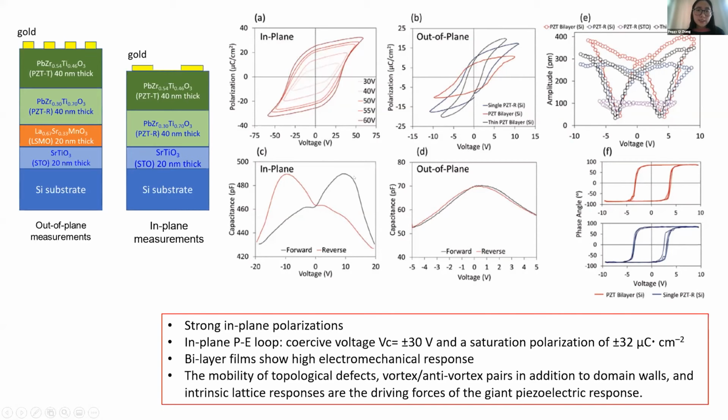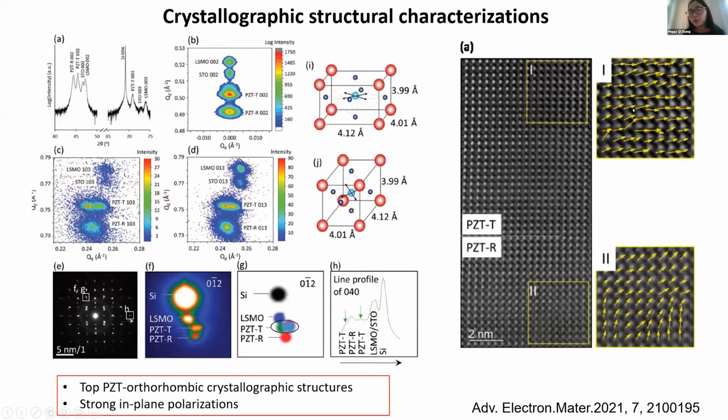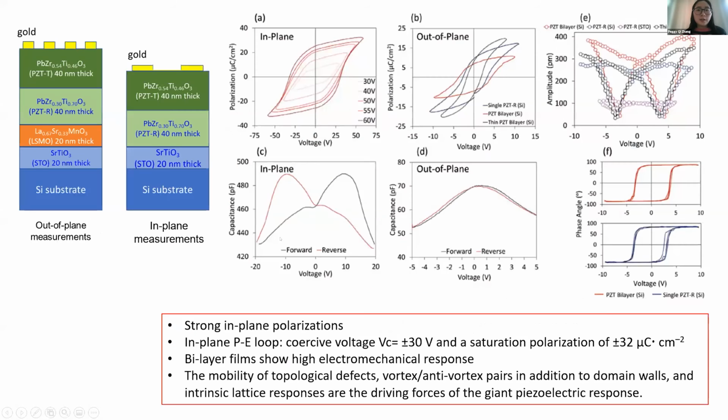All of this is attributed to the in-plane polarization from the crystallographic structure analysis. This is another case of how we use the ANFF facilities to prepare these devices, to help us with characterization and to understand more about our materials.